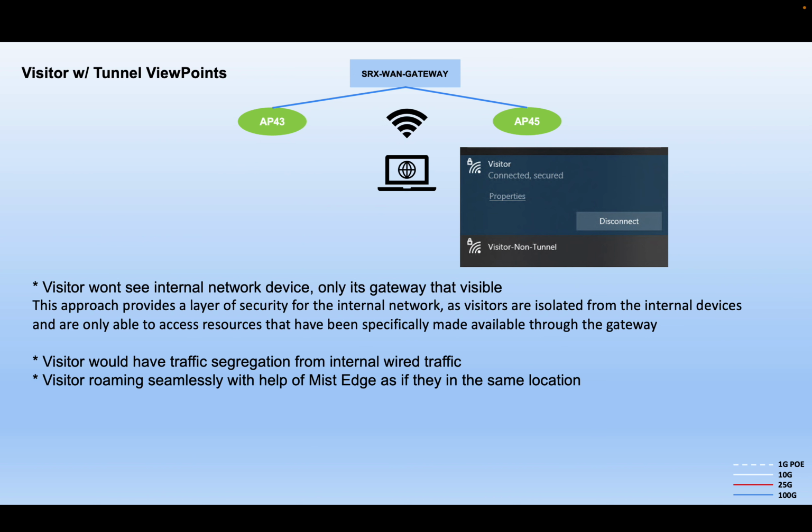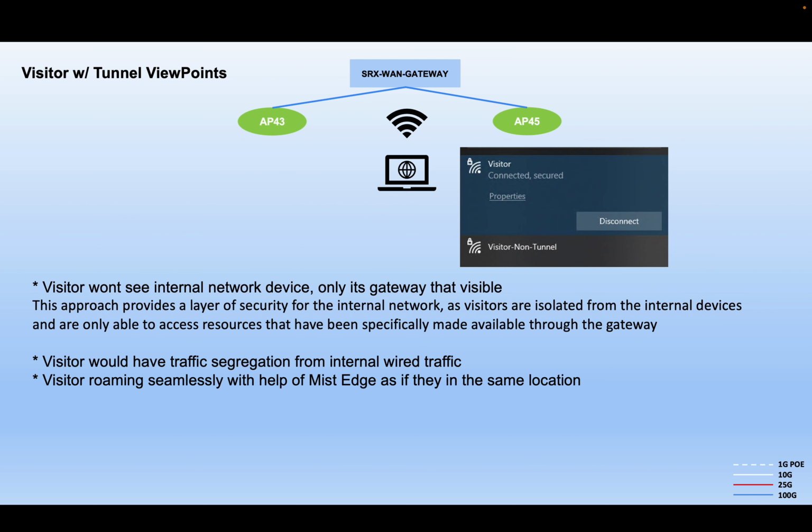On this other slide, we have the visitor viewpoint with the tunnel. With the tunnel set up on the Mist-H, we have the benefit that the visitor won't see the internal network devices and only the gateway is visible.